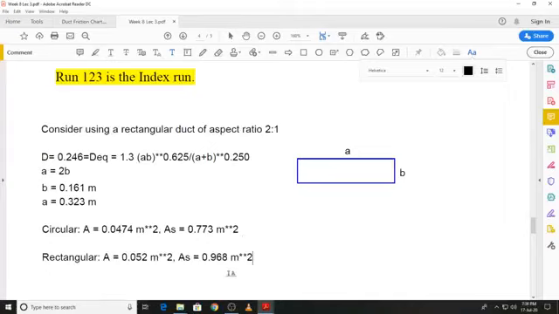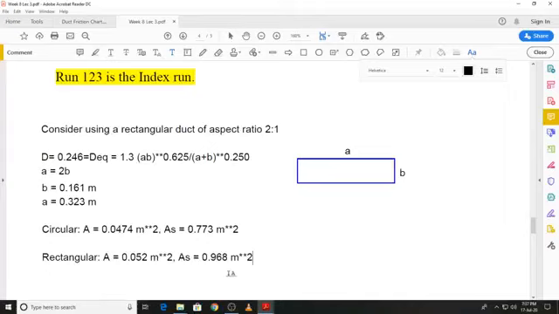So we are using more material compared to the case of a circular duct, but because we had a restriction, we had to make that compromise. And of course, when you insulate the duct, because the surface area is greater, you will require a larger amount of insulation.